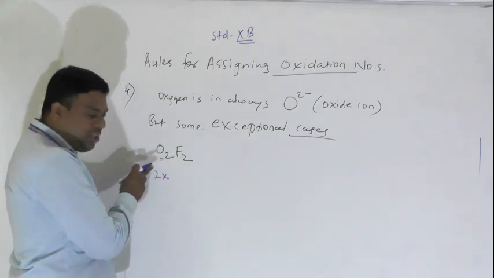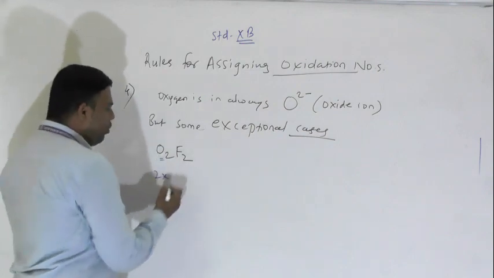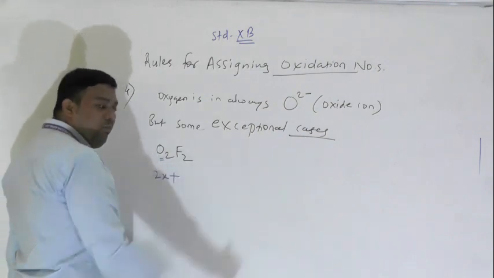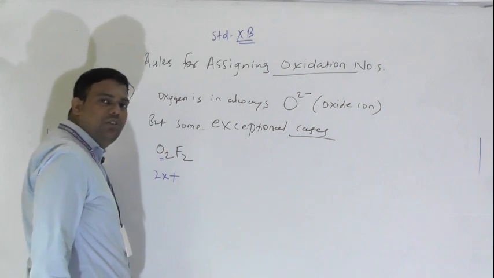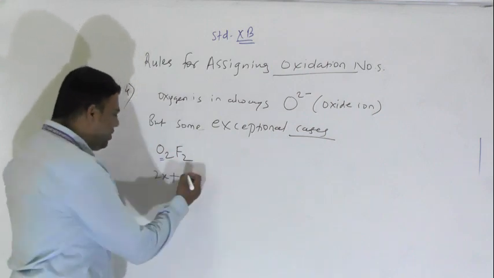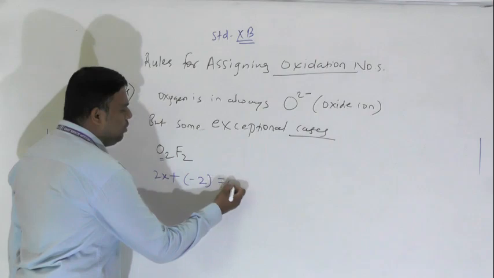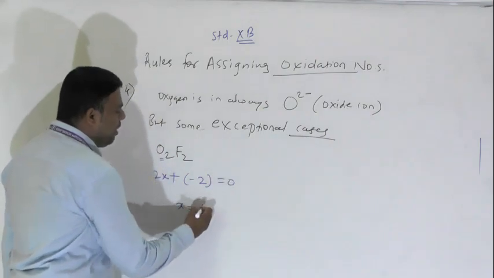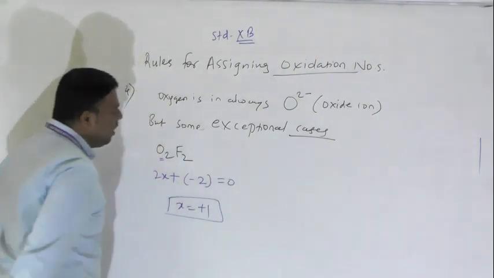Here we want the oxidation number of oxygen, so 2x plus, as you know, fluorine has charge -1, so on these 2 fluorine the charge is -2, equal to 0. So x is equal to +1.